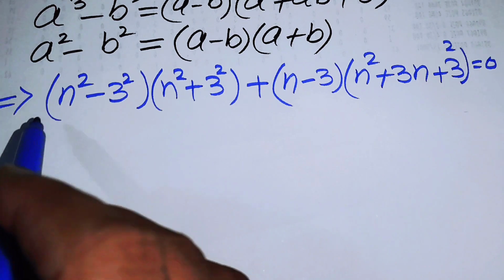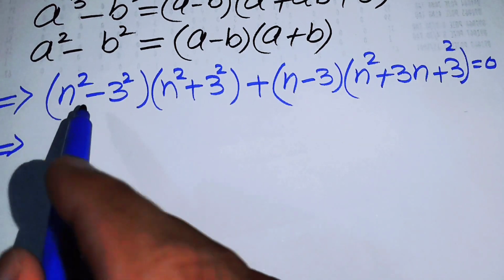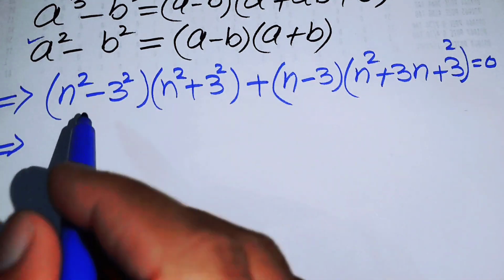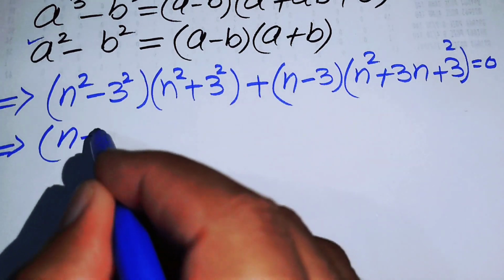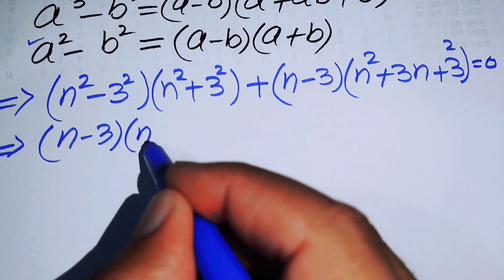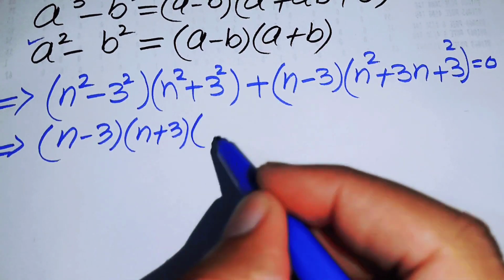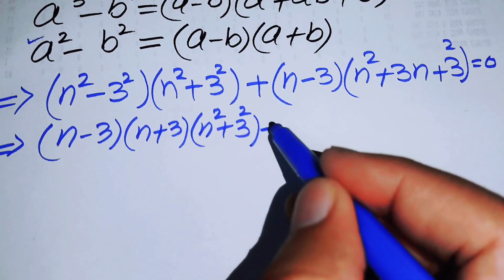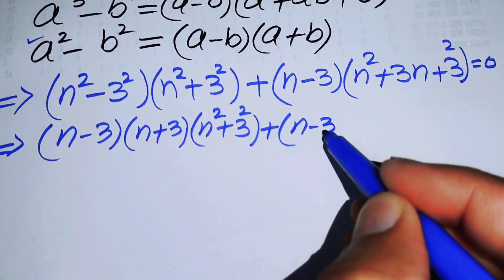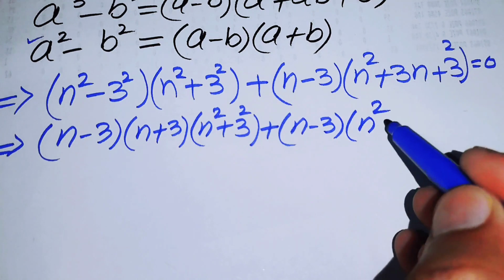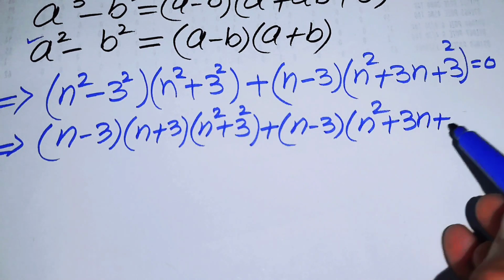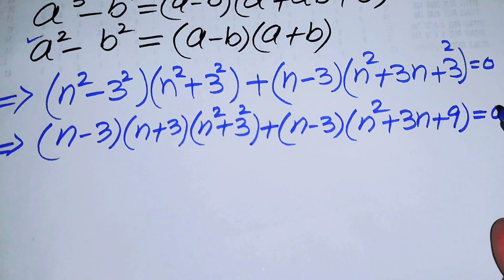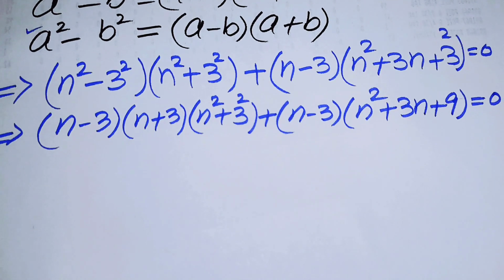And now you can focus on the first term, and here you see that we will again apply this formula on this term, and it will become n minus 3 times n plus 3 into n squared plus 3 squared, plus n minus 3 times n squared plus 3n plus 3 squared, and it is equal to 9, and this whole equation is equal to 0.